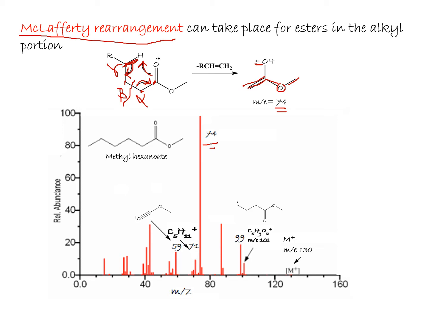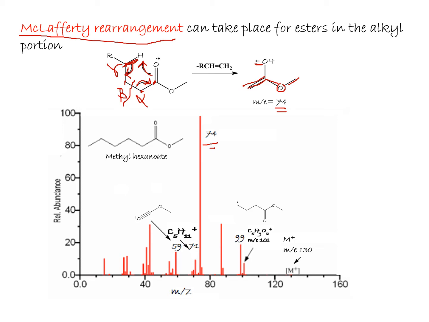Having methyl hexanoate as an example, a molecular ion at 130, very weak, or we can't even see it. Then elimination of a methyl group gives C5H3O2 plus.